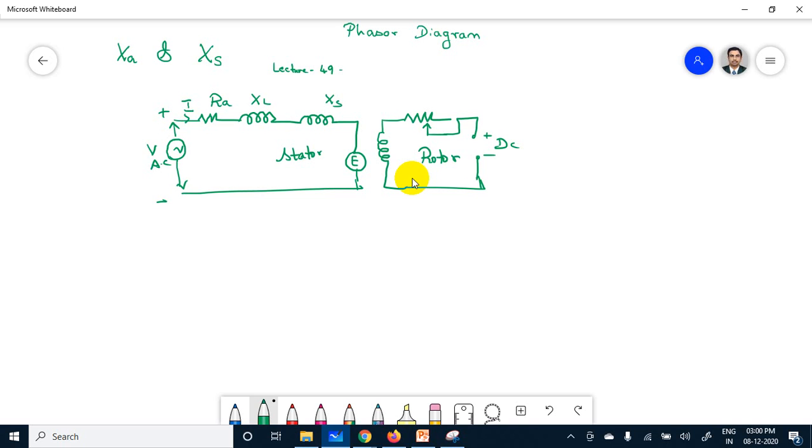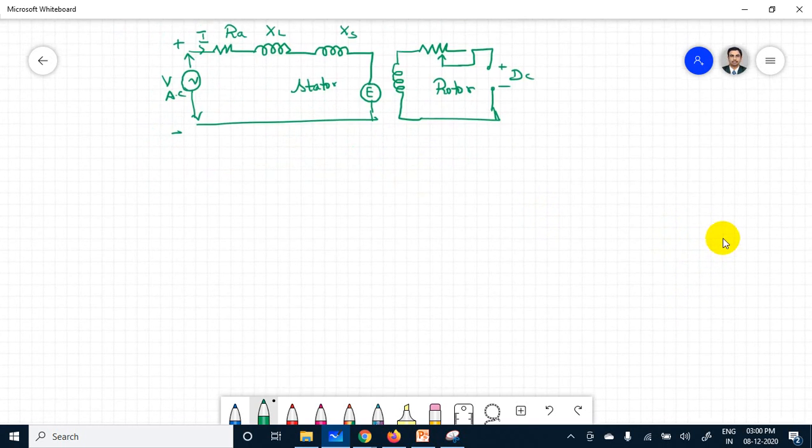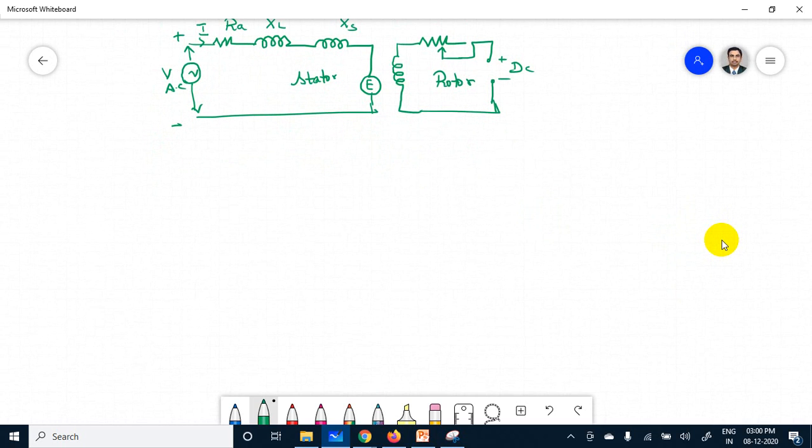Now by using this equivalent circuit, I'm going to draw a phasor diagram in terms of power factor. Now please listen carefully. The first diagram is when the power factor angle phi is negative.